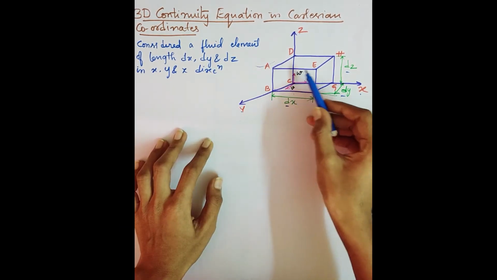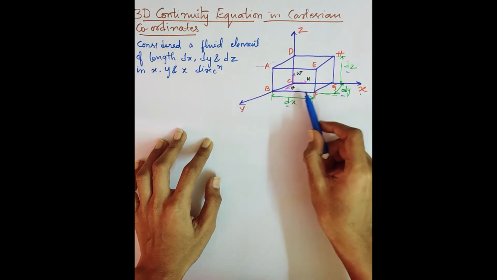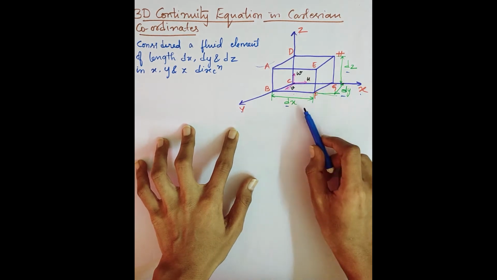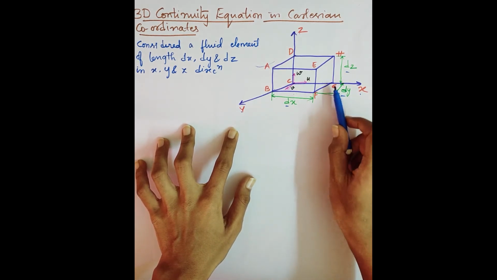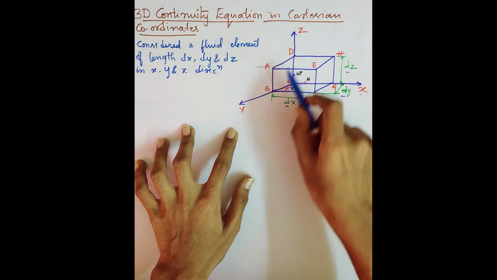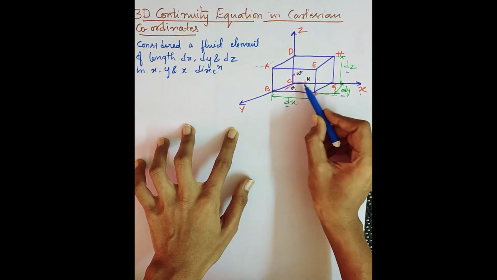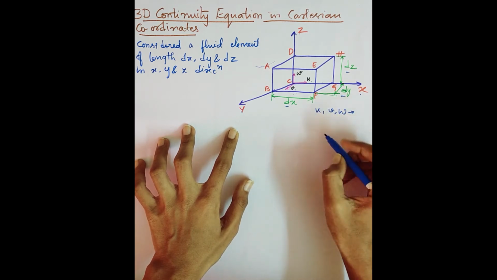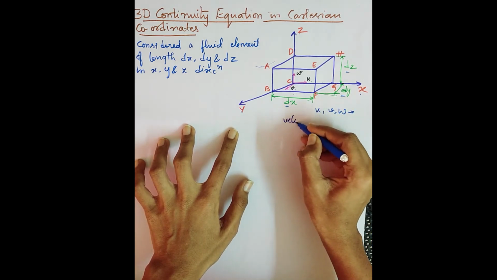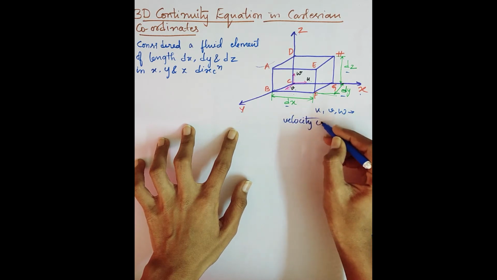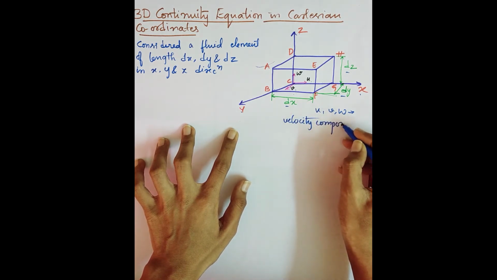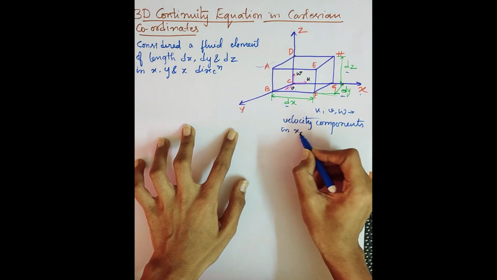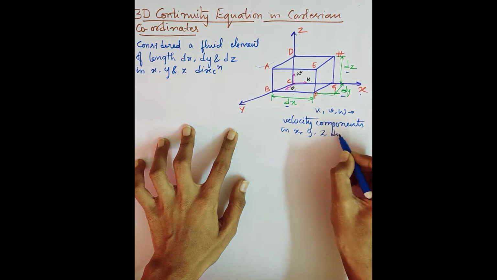A, B, C, D, E, F, G, H represent the fluid element which we have considered, and dx, dy, dz represent the lengths of the fluid element in x, y and z direction. And here u, v, w represent the velocity components in x, y and z direction.